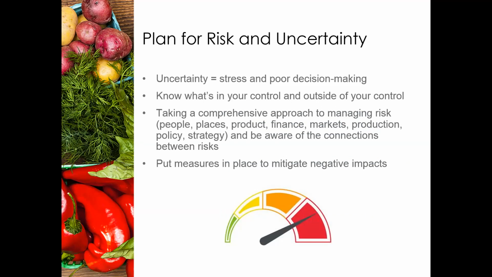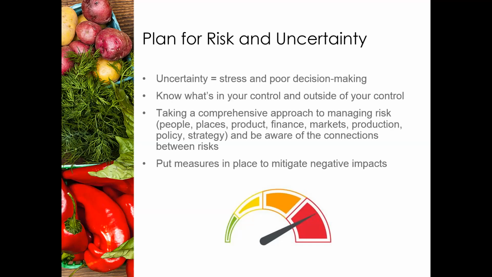So planning for risk and uncertainty. When we talk about uncertainty, and this relates directly to risk management, we're talking about things that will cause you stress and will also have an impact on your decision making. So it's important to consider that as a factor when you're thinking about whether or not you should be building your risk management plan.